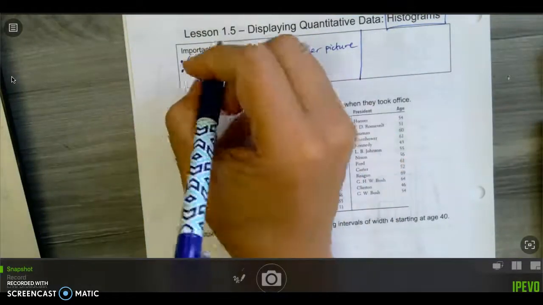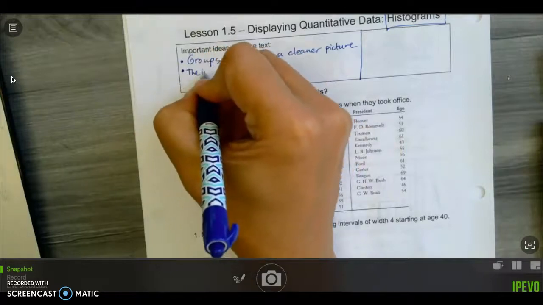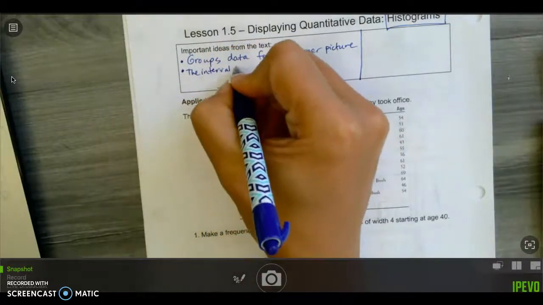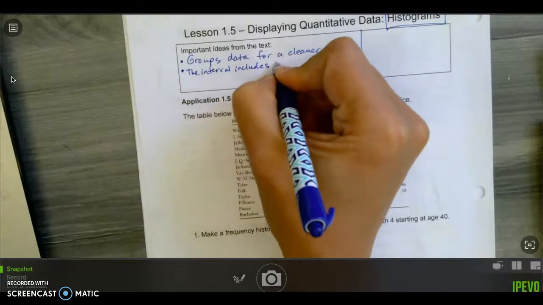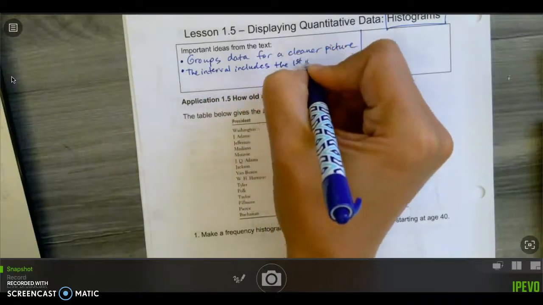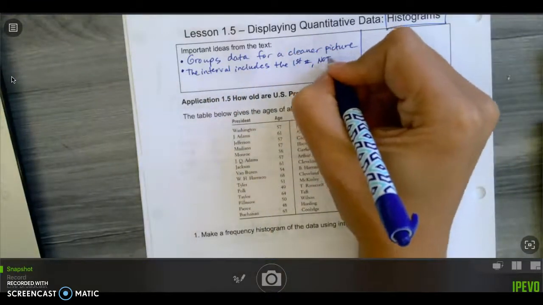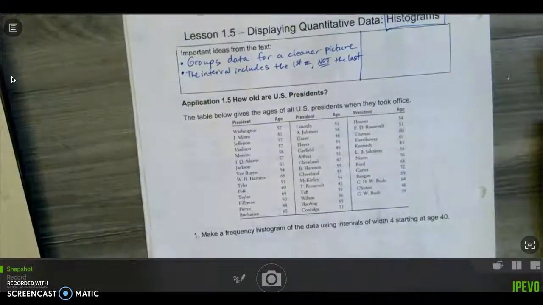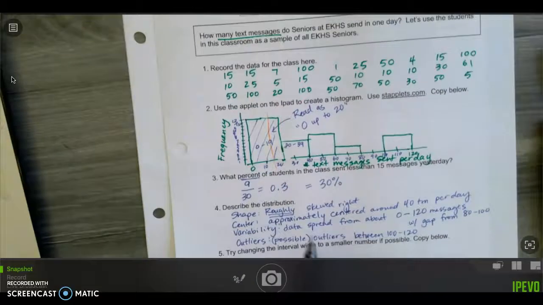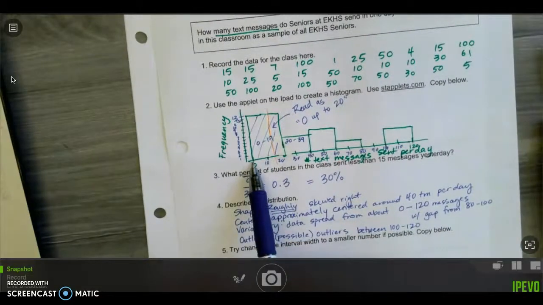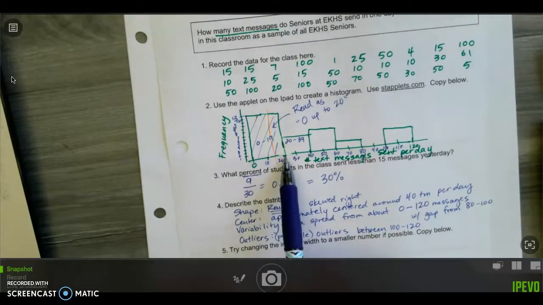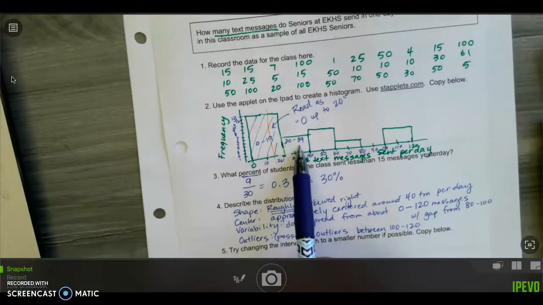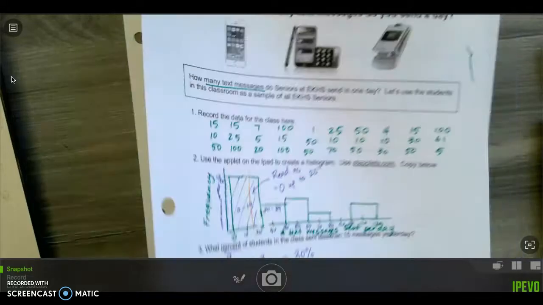Other important: the interval includes the first number, not the last. Okay, and what I'm saying here is it includes the left boundary, but not the right boundary. So 20 is the left boundary for this group, and so we include it with the next highest group.